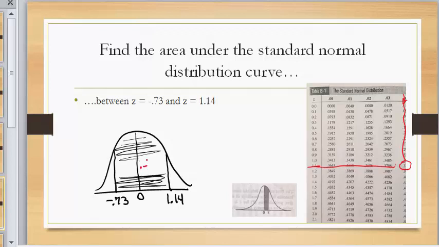And again, remember that when you use the table to look something up, you are finding the area between 0 and the number that you looked up. So this 0.3729 is the area from 0 to 1.14. Okay, so now let's look up the other one.